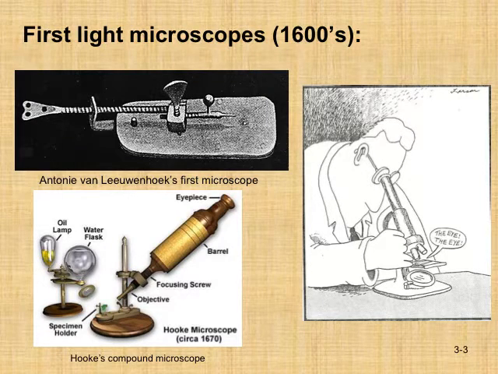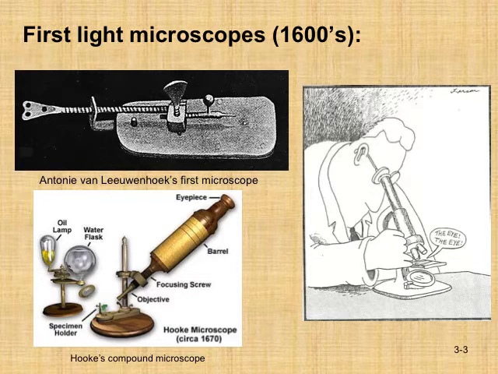It wasn't until microscopes were invented that we really began to understand that organisms are made up of cells, that this is the building block of all organisms. Anthony van Leeuwenhoek was the first one to make a lens that would magnify an object. And here's his microscope up here at the top.